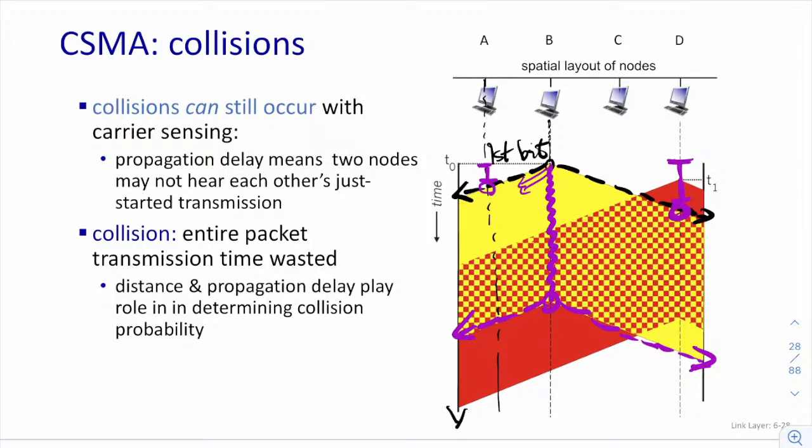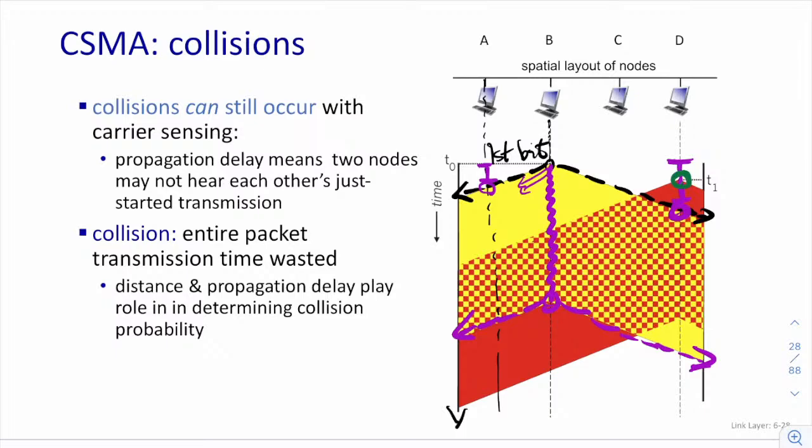But take a look at this one. At T1, D wants to send a frame out. As we mentioned before, because it is carrier sense multiple access, at T1, D senses the channel. But you have to know that at T1, the first bit sent by B has not arrived at D yet, right?